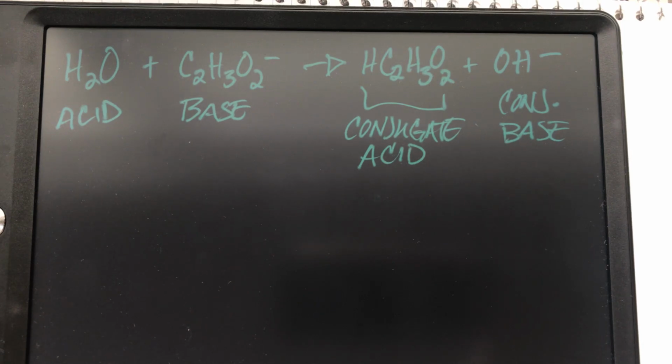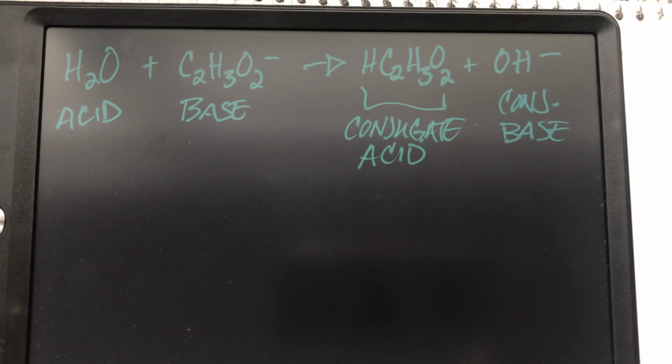Conjugates are always on the product side, exactly, always. Yeah, so it's not like there's a component of this thing that is the acid and then another one that is the base, right? When we talk about these guys, what we're talking about is just pairs, and how they're able to operate within a reaction. Does that make sense?